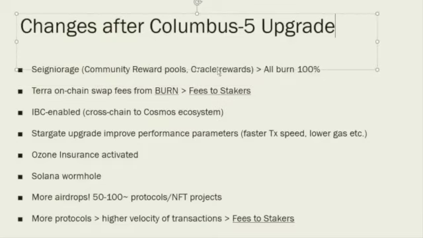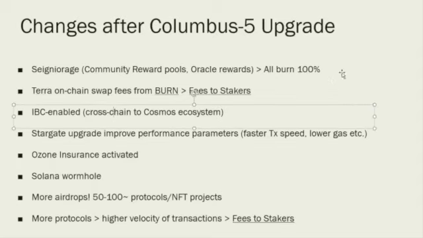This community pool accumulates the fees, which will be used to fund the ecosystem. But right now, all of the Luna will be 100% burned. That is the first change. The second change is that all the Terra on-chain swap fees will be given back to Luna stakers. Before that, it was burned, but now it's given back to stakers.